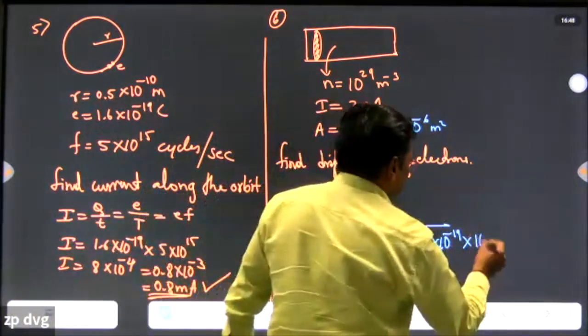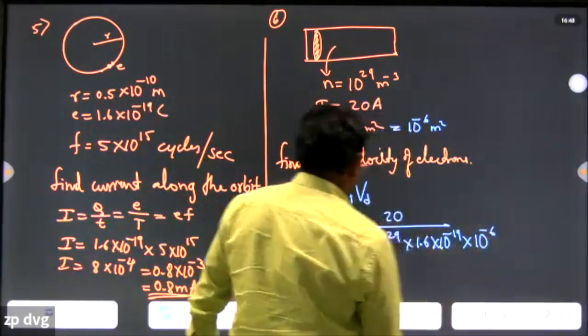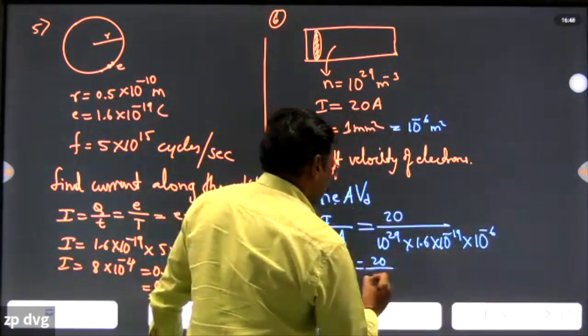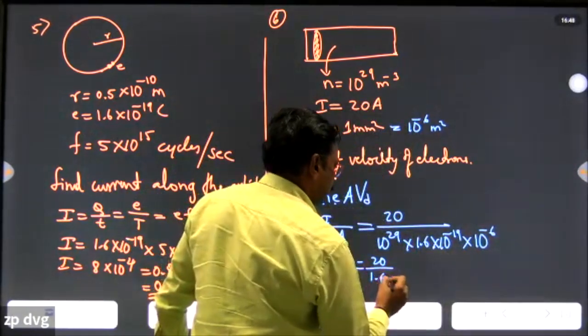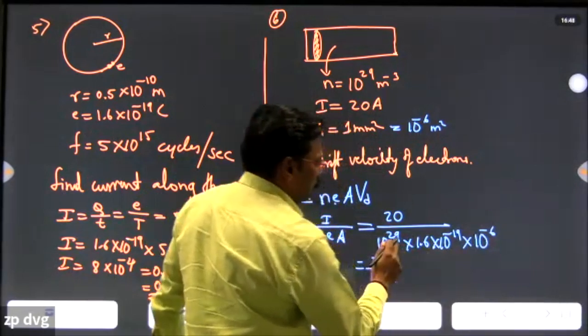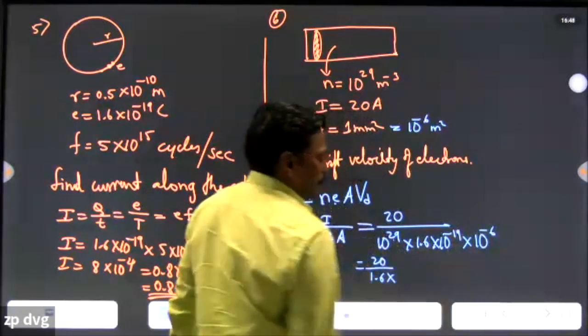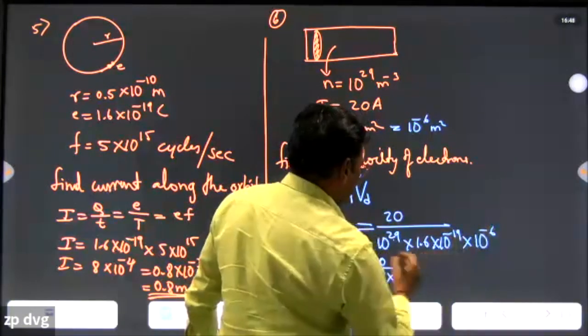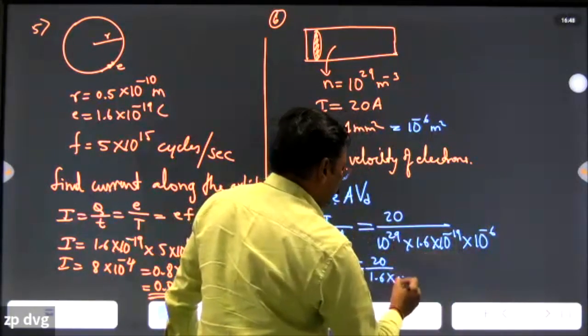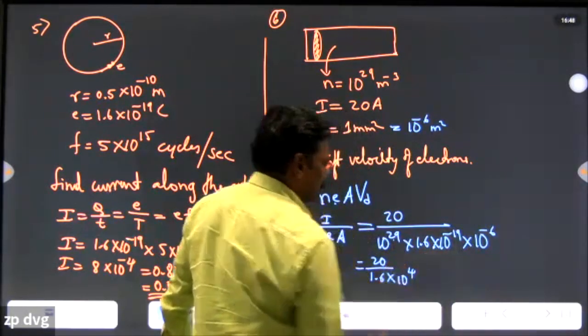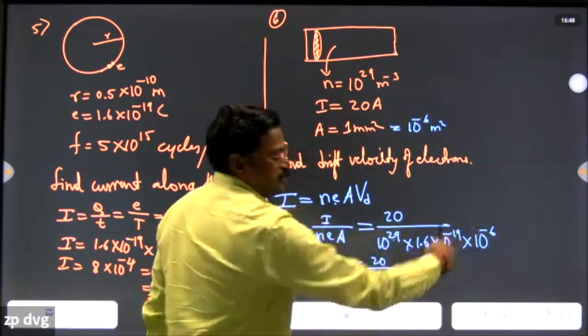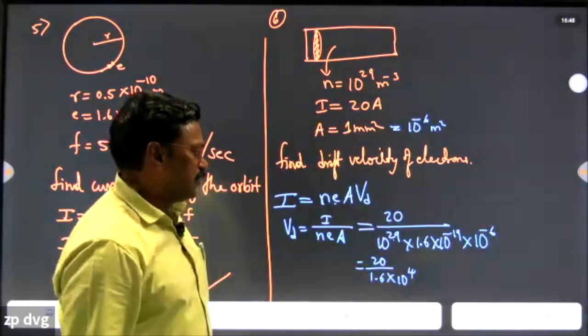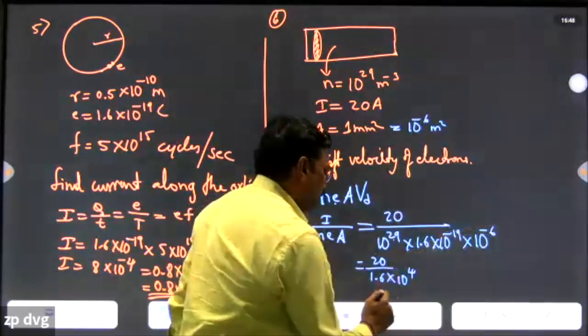Substituting here, we have 20 by 1.6 into 10 power 29 into 10 power minus 25, which becomes 10 power 4, since 29 minus 25 is 4.